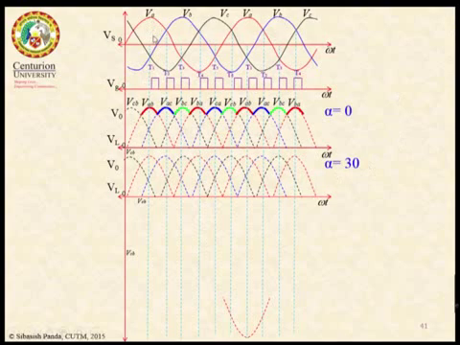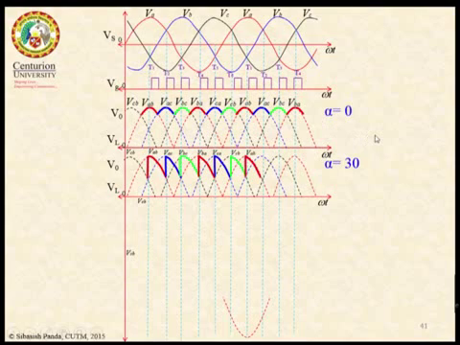Here is my 90 degree, right? So T1 will be fired at omega t equal to 90. So how will the waveform be? At 90 degree it will follow my VAB. At 90, this is the VAB line voltage. Next VAC, then VBC, BA, and it will continue its conduction, and so on.